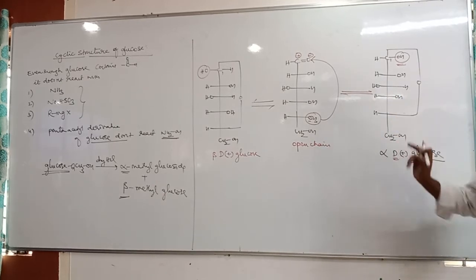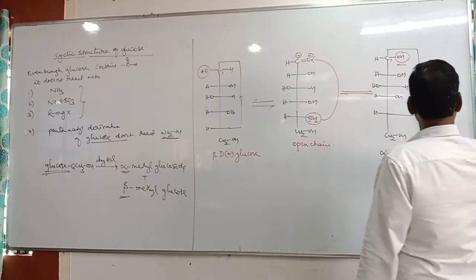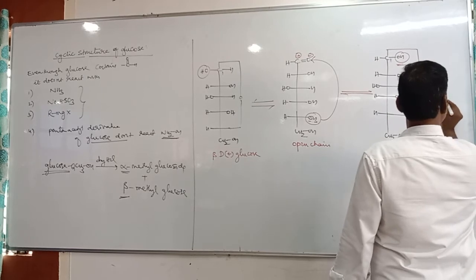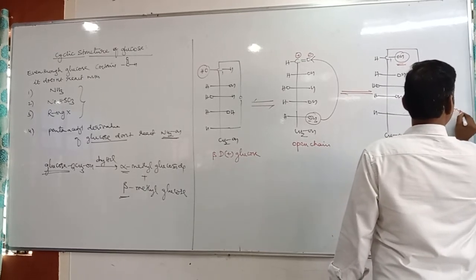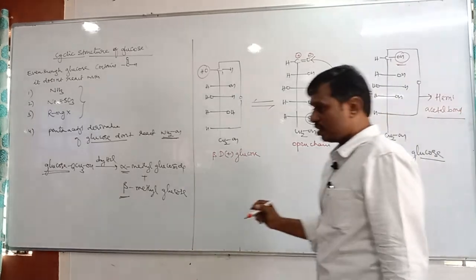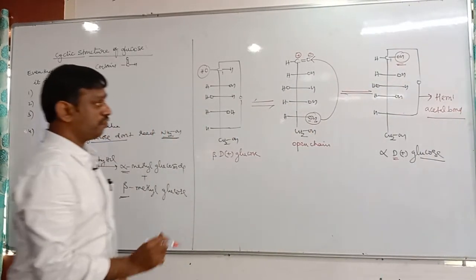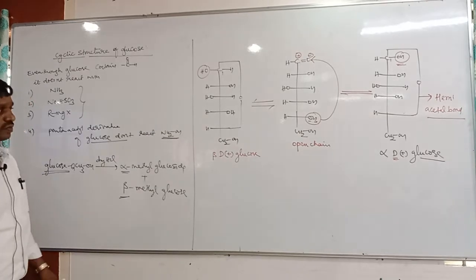Right? And moreover, this bond is called a hemiacetal bond. The hemiacetal bond will be formed between the 1st and 5th carbon.